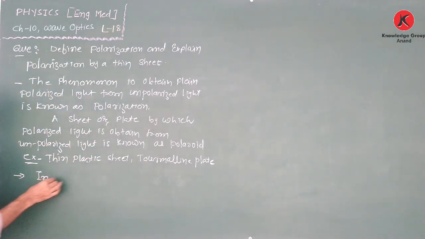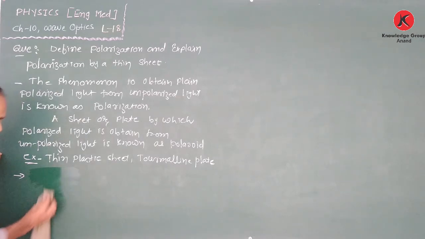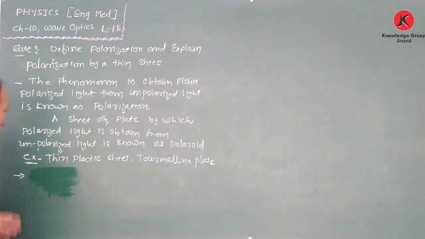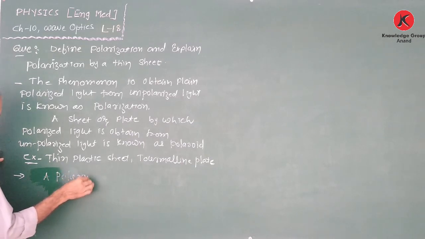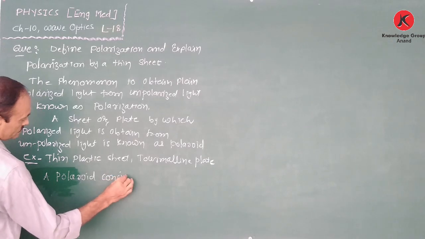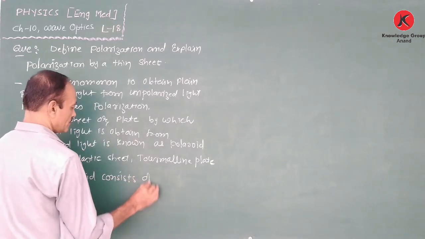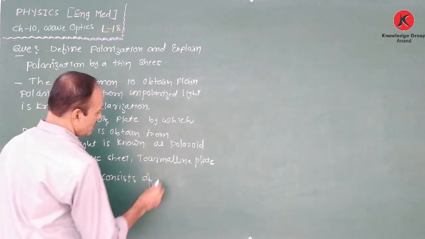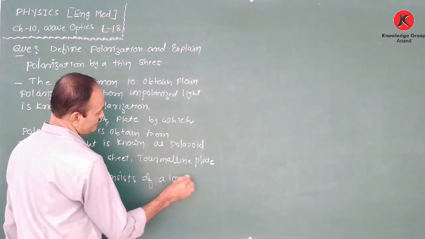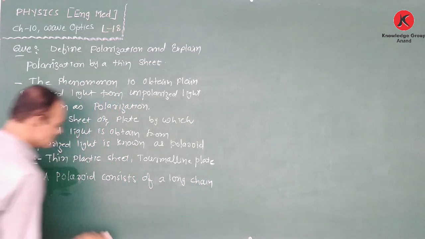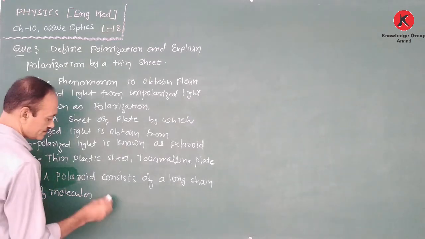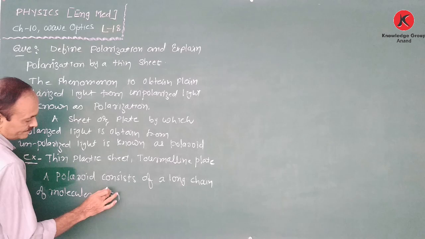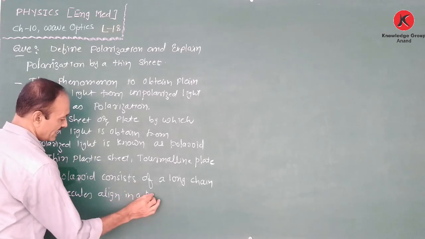Now, a polaroid consists of long chains of molecules aligned in a particular direction.